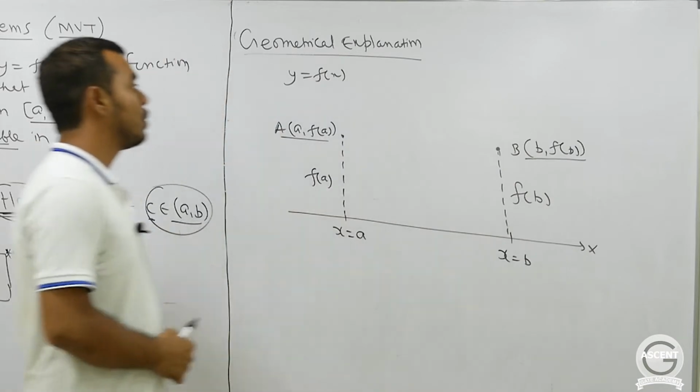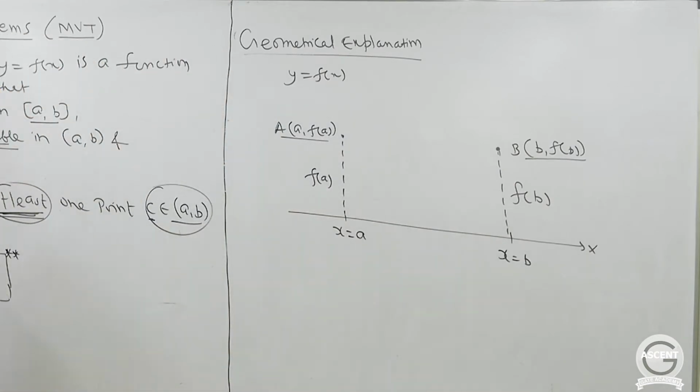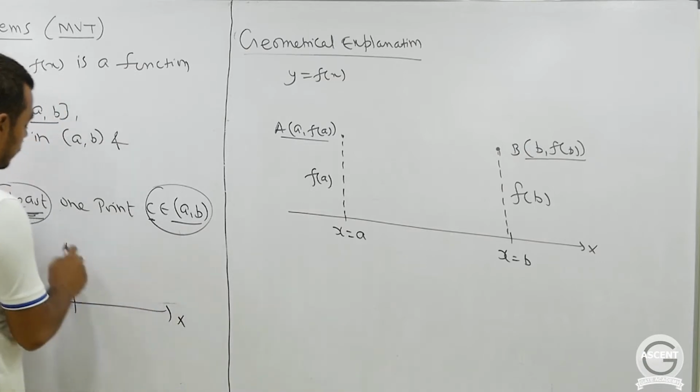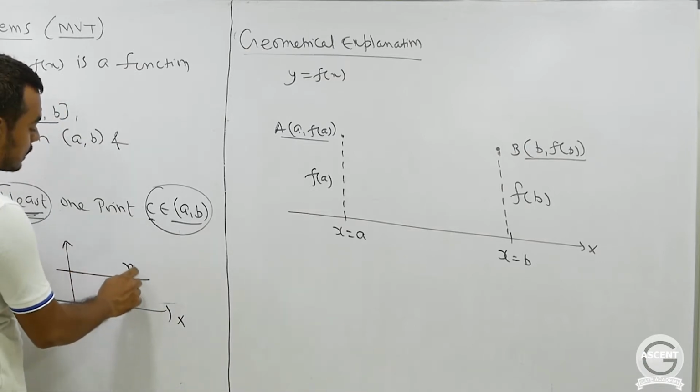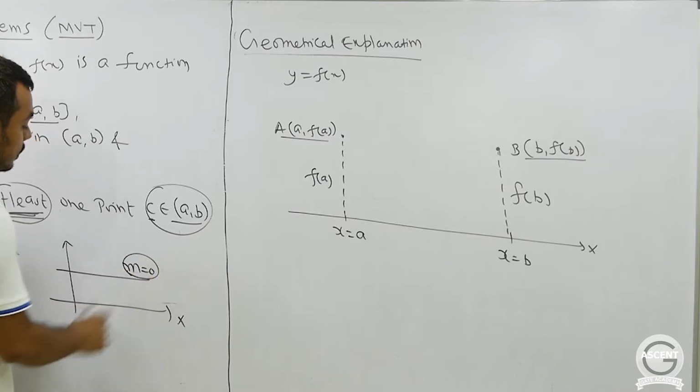Okay, so now this f'(c) is nothing but slope. We know that the first derivative is the slope of the tangent line. So f'(c) will be the slope of the tangent at some point c. Okay, and we also know that if the slope of a line is 0, then that line must be parallel to the x-axis. If you have a line which is parallel to the x-axis, then for that line the slope will be 0.